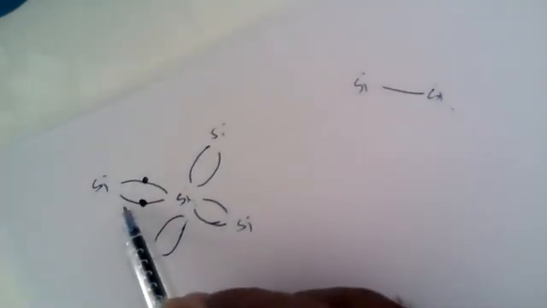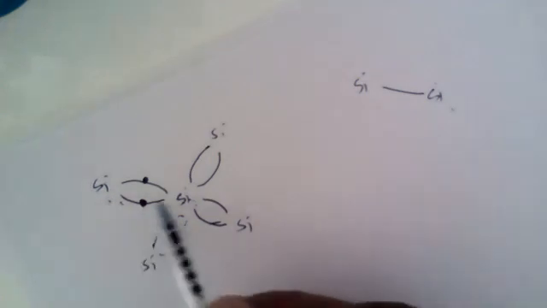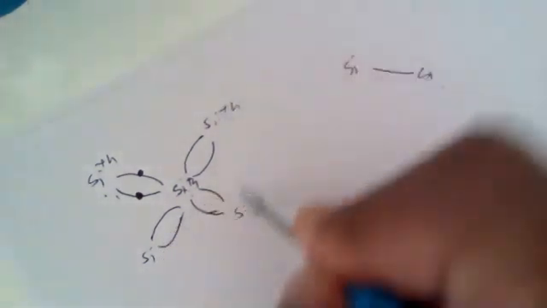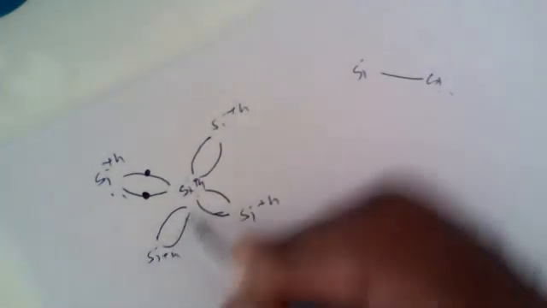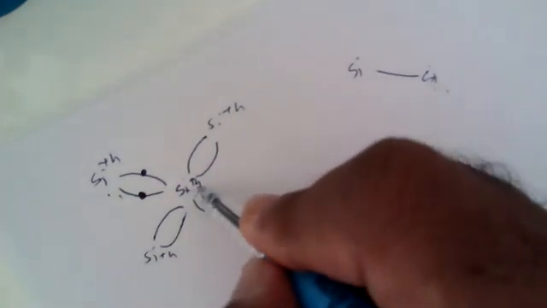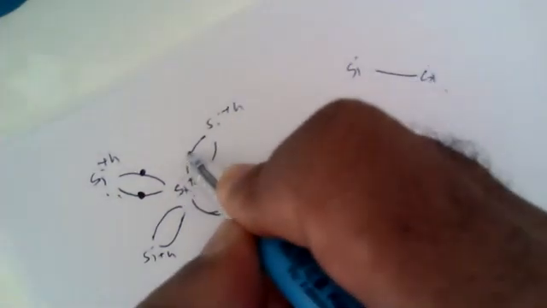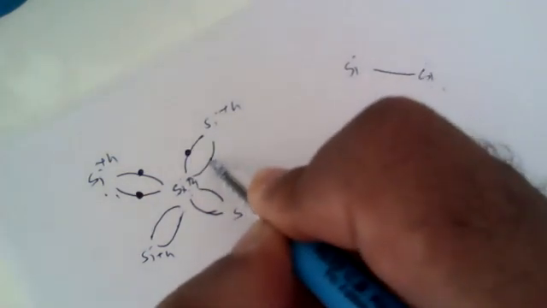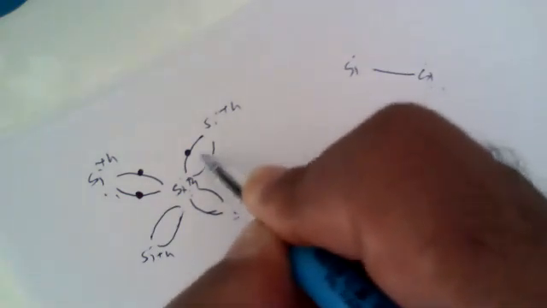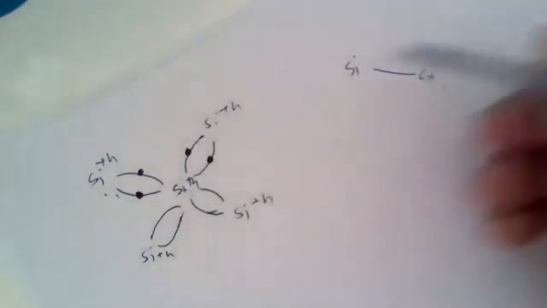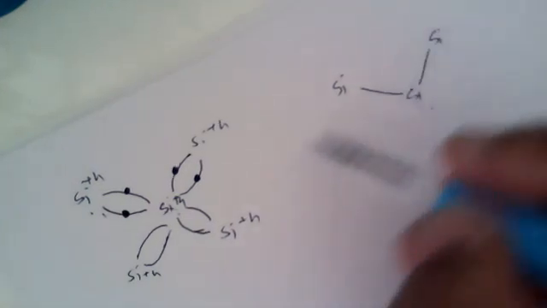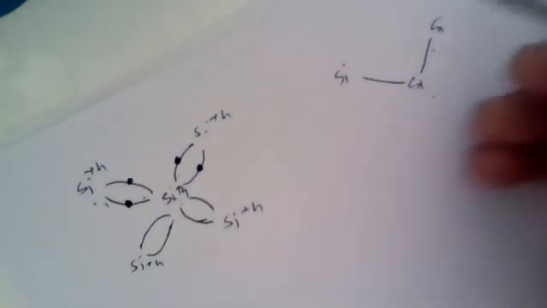I have shown the formation of the bond between this silicon and this silicon, which can be shown like this: Si, silicon plus 4, silicon plus 4, and silicon plus 4. Again, the 3px electron of the central silicon and the 3px electron of the second silicon also share their common pair of electrons, and they form the second bond between the silicon atoms. So these 2 bonds I have shown.